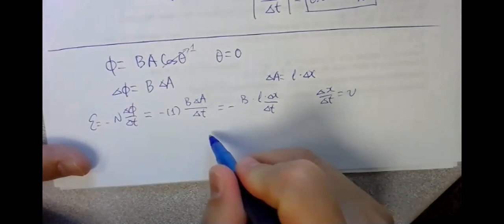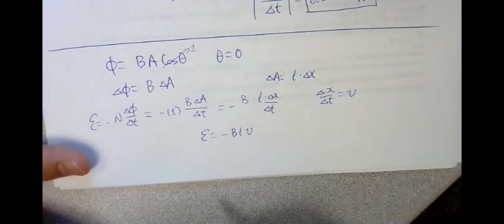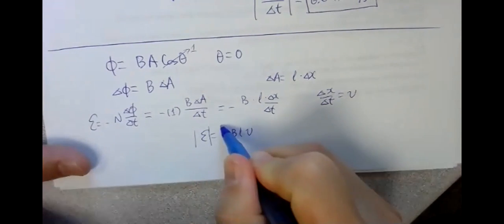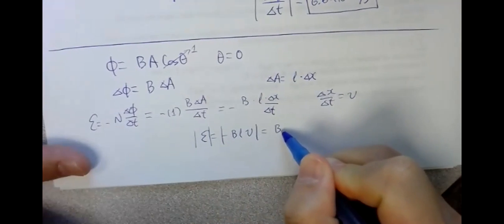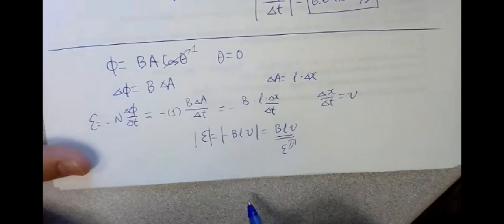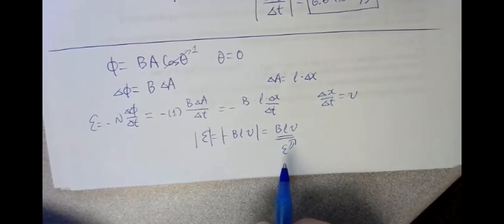So epsilon is equal to minus B L v. If you just look at the magnitude, it is B times L times v. This is your induced EMF, or motional EMF: B is the magnetic field, L is the length of the rod, and v is the speed at which the rod is moving.